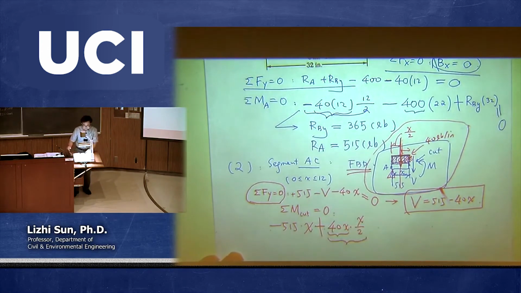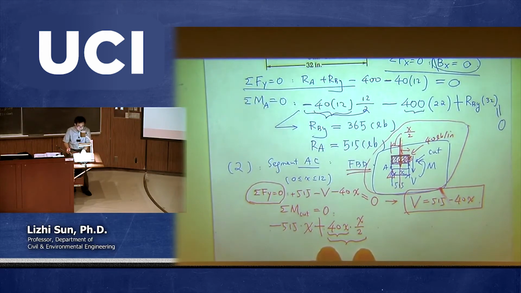If that's the case, you need to have a positive sign in front of that moment. So keep in mind, you need to see x squared involved. The reason we have x squared is that the first x multiplied by 40 is the magnitude of the force, and then you multiply by the shorter distance, which has x involved as well. So that's the second term, which is the moment due to the virtual concentrated load.